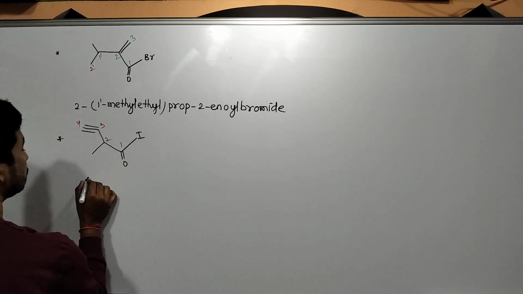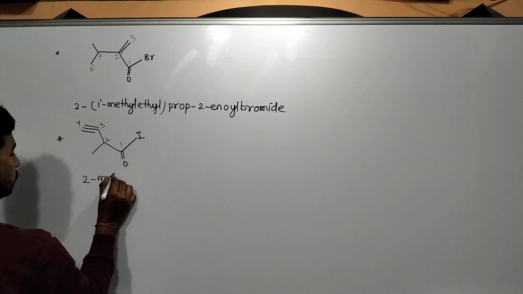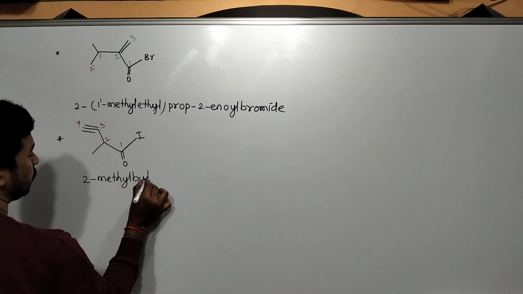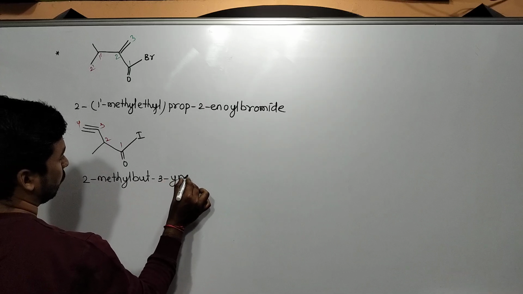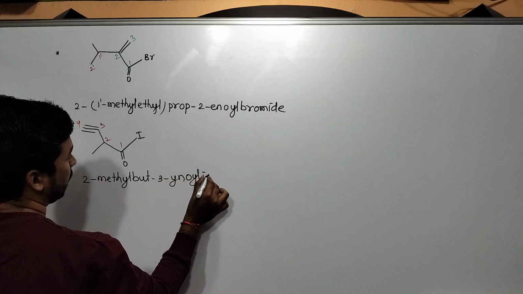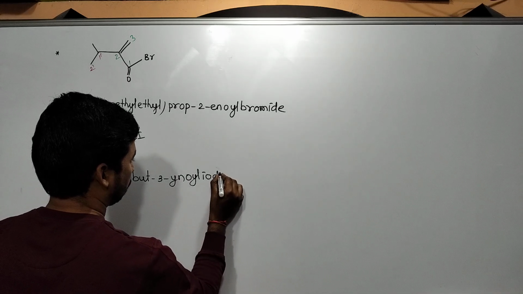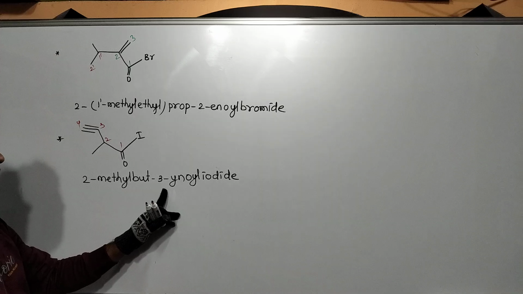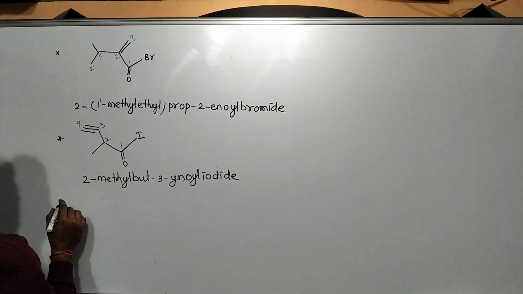The second position has a methyl, so 2-methyl but-3-ynoyl iodide. 2-Methylbut-3-ynoyl iodide is the IUPAC name of this molecule.